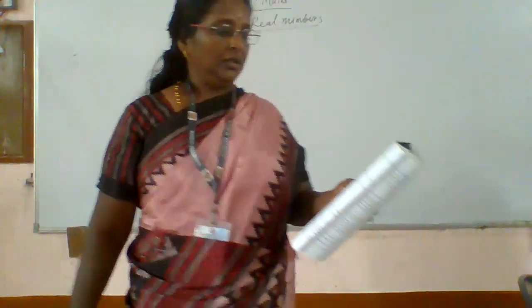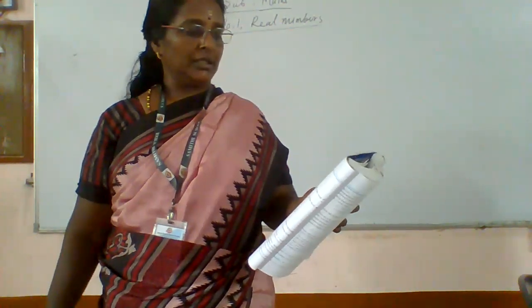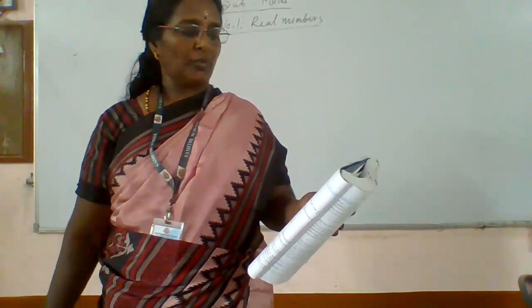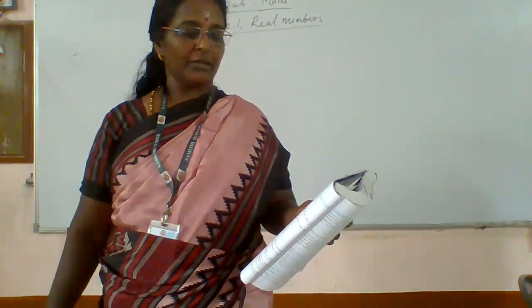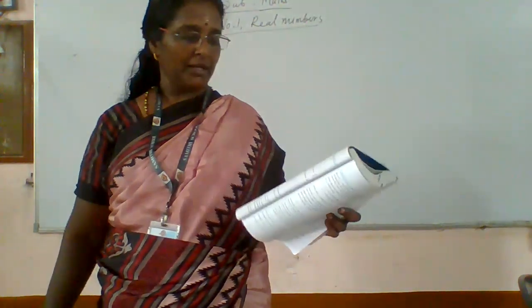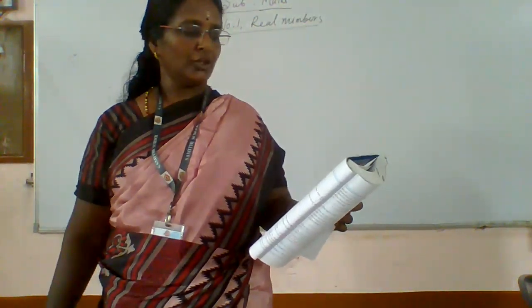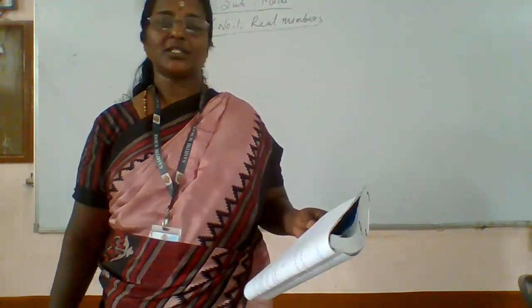Now, show that 0.2353535, 0.235 bar, can be expressed in the form P by Q, where P and Q are integers and Q not equal to 0. That is your question.